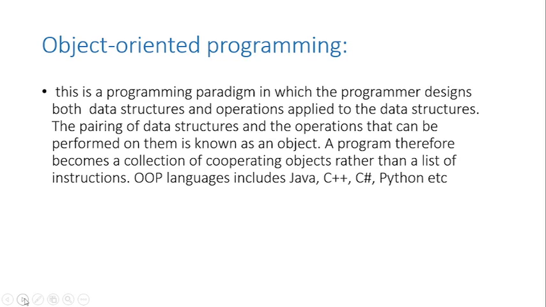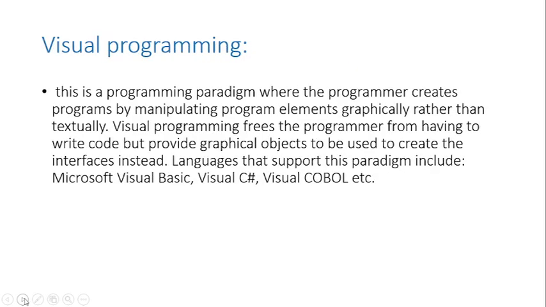A program therefore becomes a collection of cooperating objects rather than a list of instructions. These languages include Java, C++, C#, and Python. We have the other paradigm, which is visual programming, where programmers create by manipulating program elements graphically rather than textually.